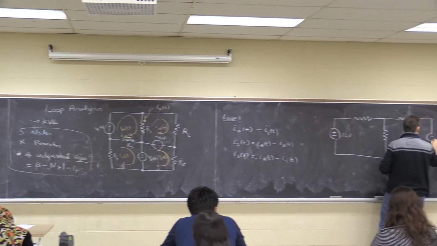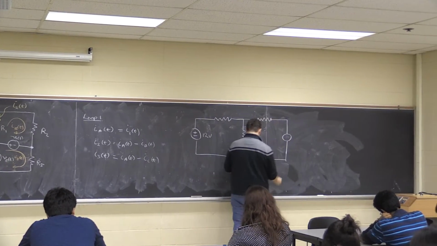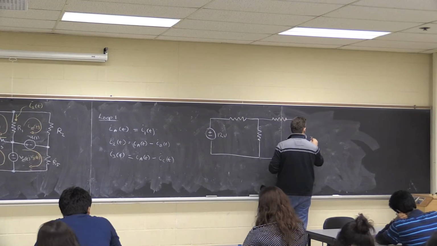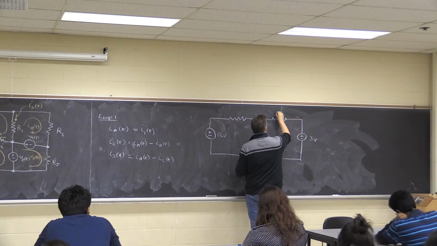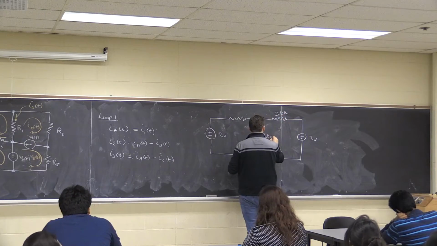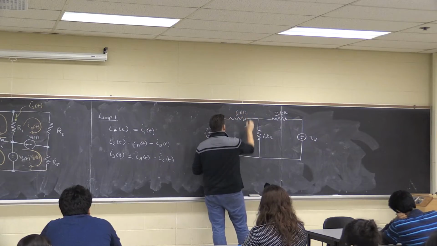Another resistor. This one's plus minus. This is 3 volts. This is 3 kilo ohms, 6 kilo ohms, and 6 kilo ohms.